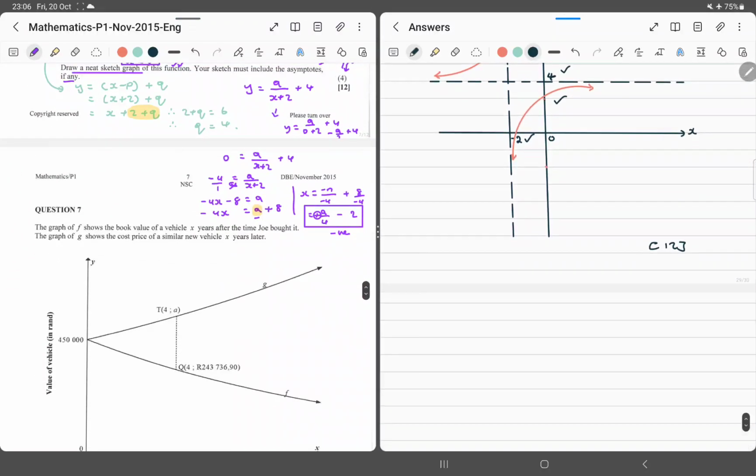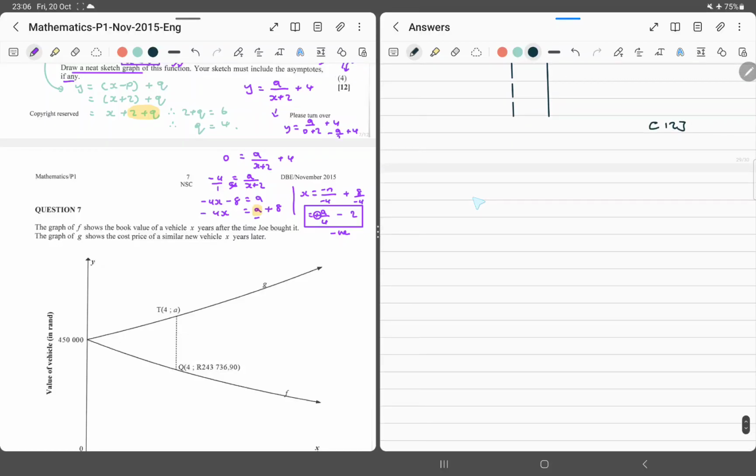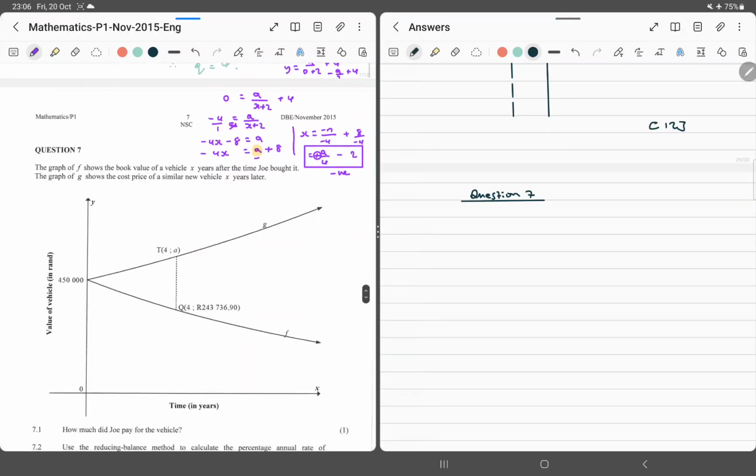Okay, bafowethu, let's move on. Question 7. What do we have? So question 7, we are told here the graph of f shows the book value. Can you see that?